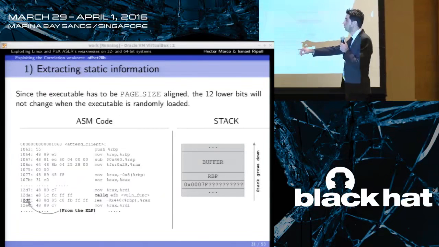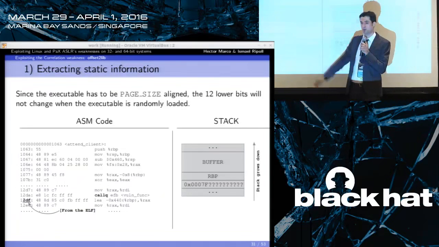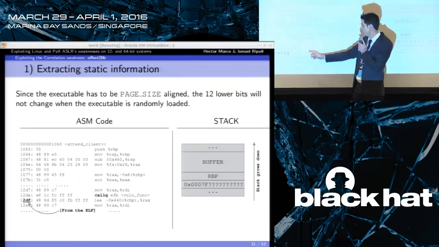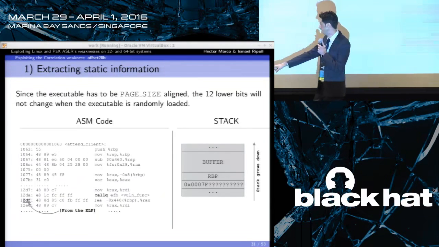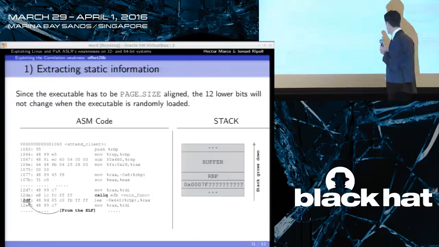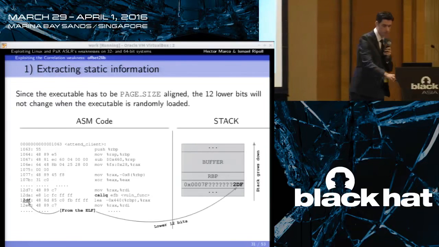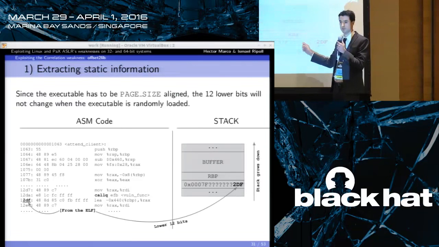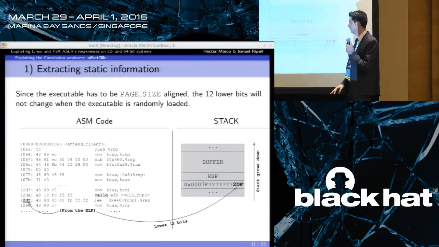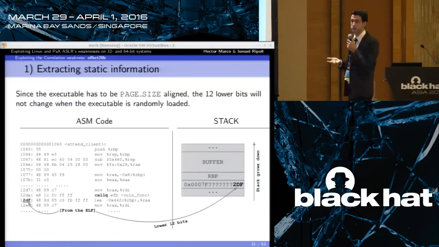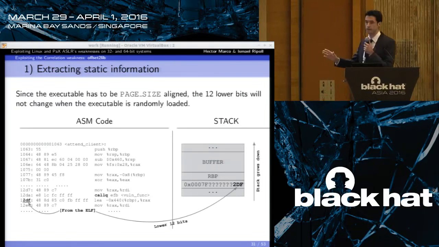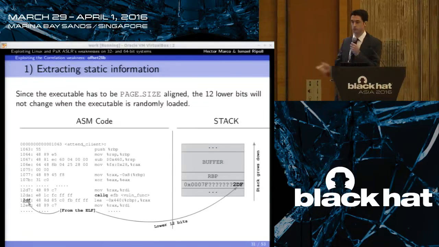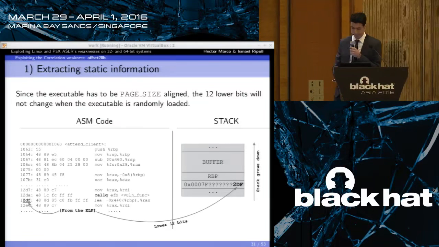From the ELF, you can obtain the lowest bits of the address where the next instruction after the call to the vulnerable function is in the executable. So this can be directly put in the unknown address we are looking for. At the end, we have some information about the address. This is fast and offline. You don't need to do any attack to the server. You can obtain this information.